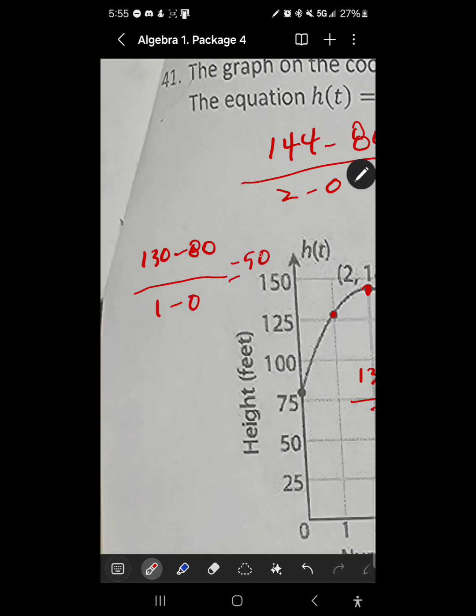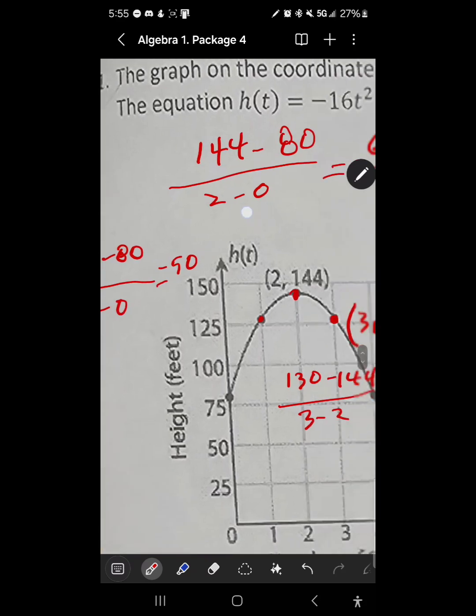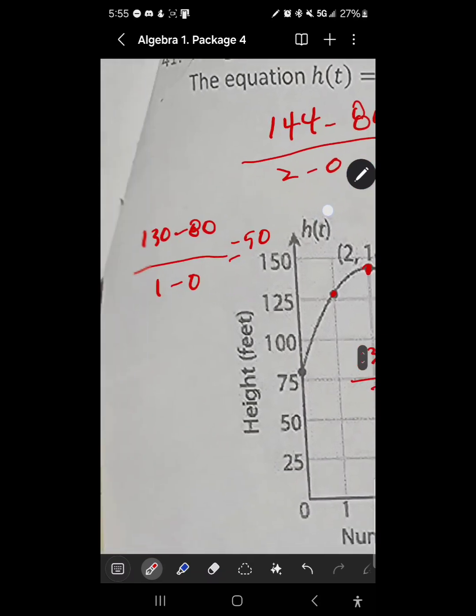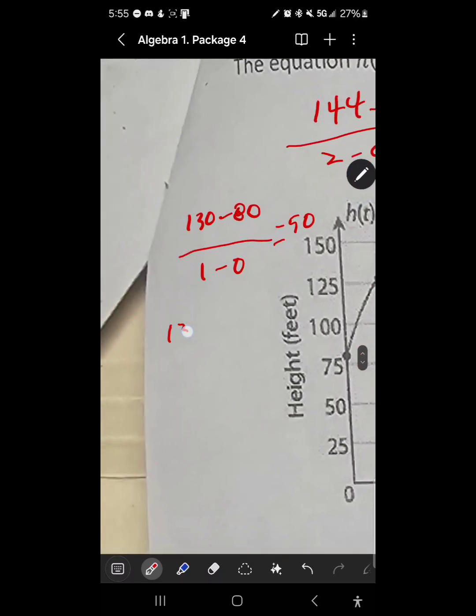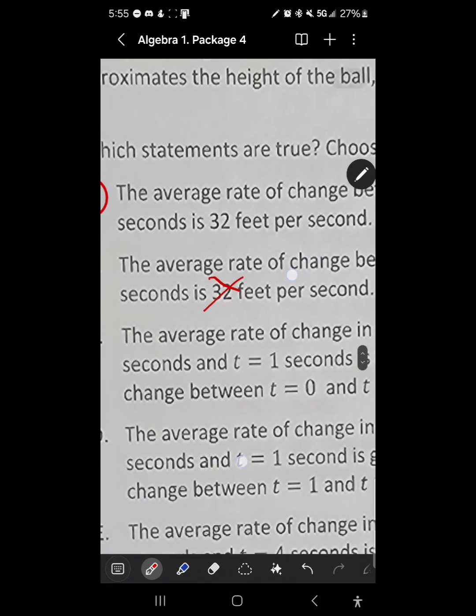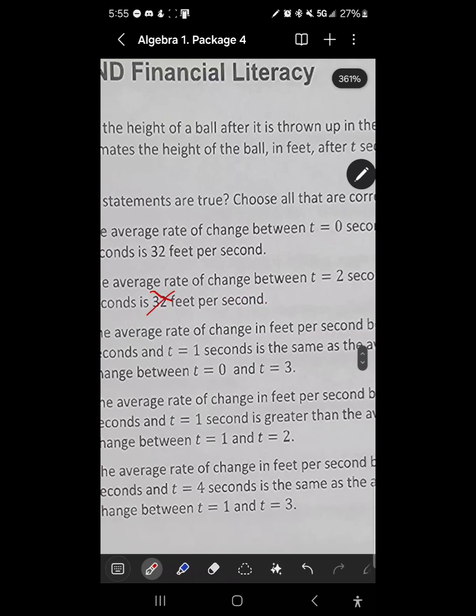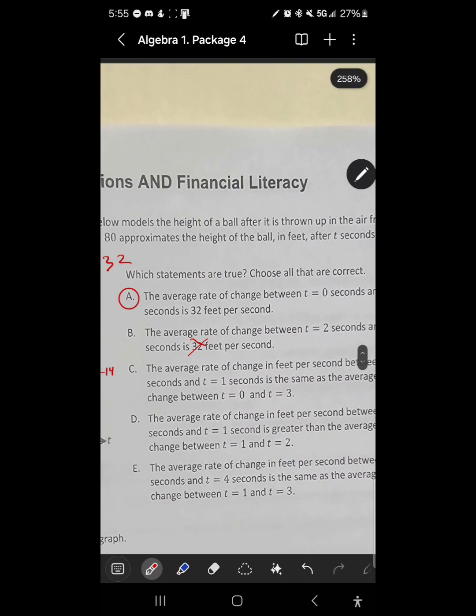So this is just 50. And then this is 3, 130. So it's the same, 130 minus 80 over 3 minus 0. So this is 50 over 3. So it is not the same because we need to take into account the amount of time that is happening.